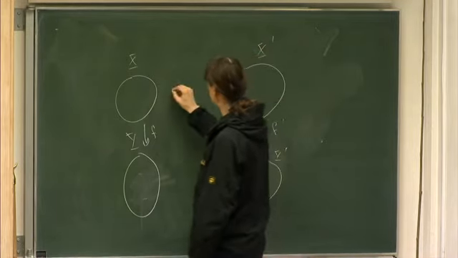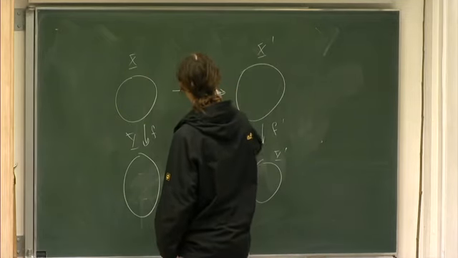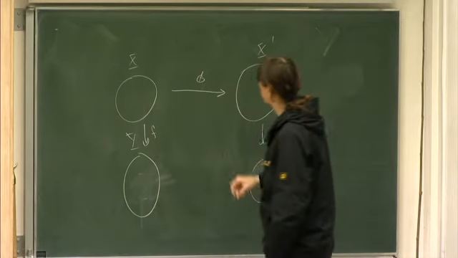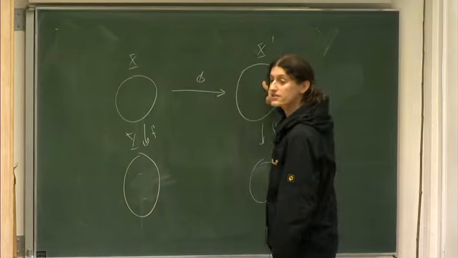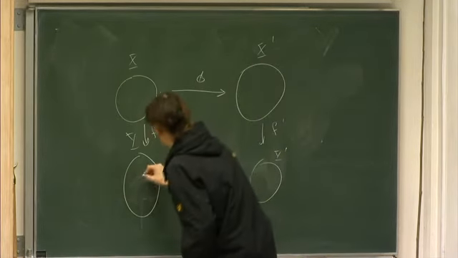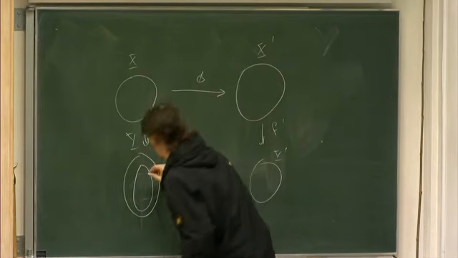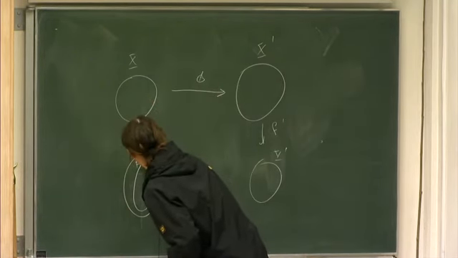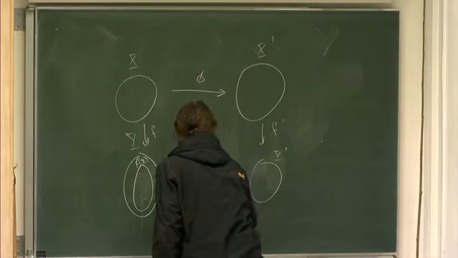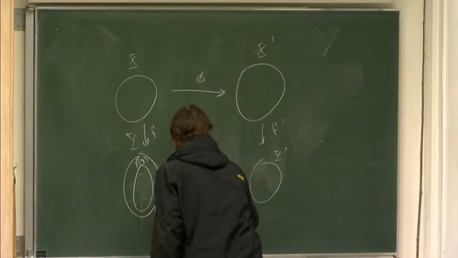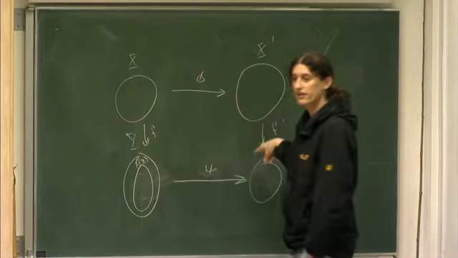So what you want is a topological embedding of the domains and a topological embedding of the image, which makes the diagram commute.